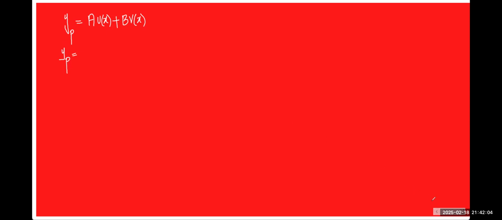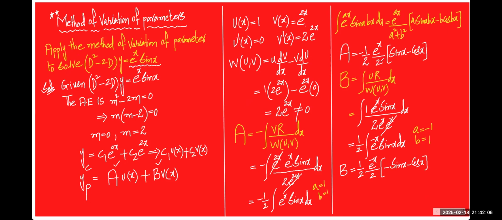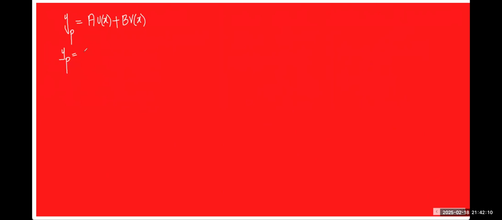Look here: minus e power x by 4, sin x minus cos x. Along with this all u of x, which is nothing but, what is our u of x?